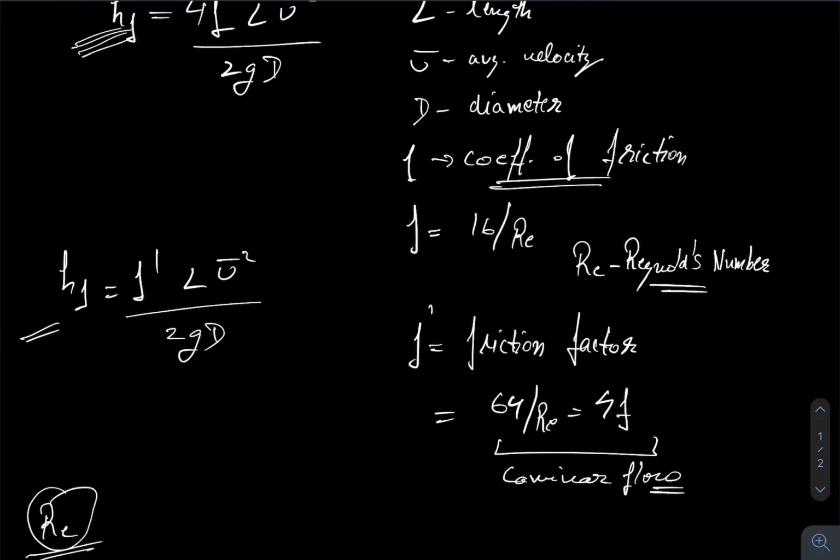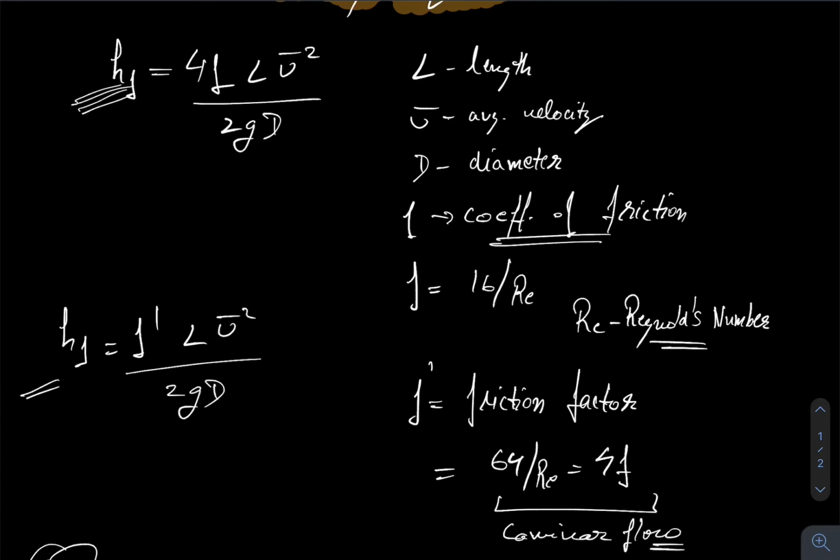You can use this equation for laminar flow, and you can use this equation to calculate the viscous, laminar losses in turbulent flow. It will not tell you the total losses, but it will tell you the losses due to viscous forces. I hope you know how to use this equation.